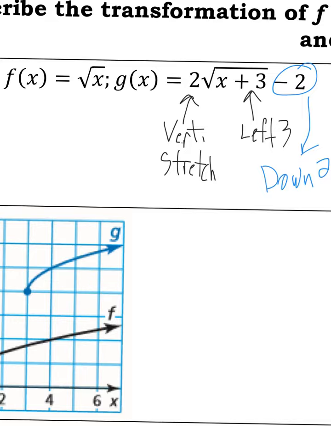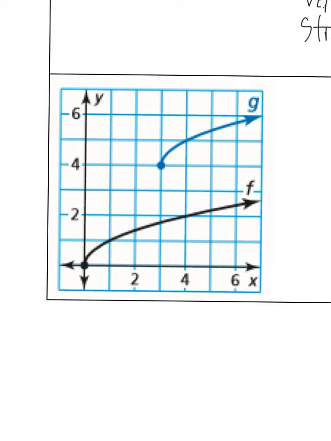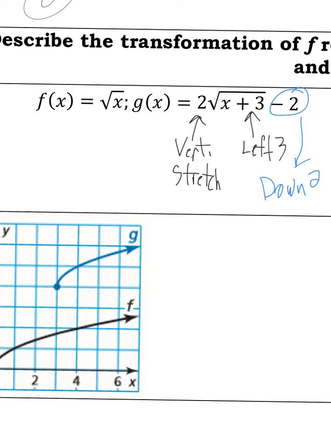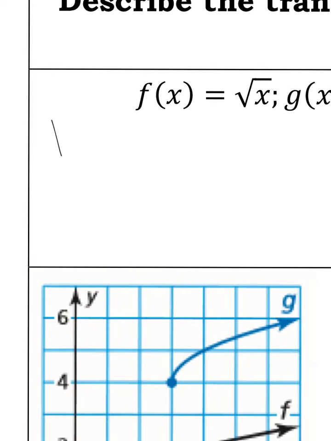Now, where's the domain and range? So look at the square root of x graph. It's going to actually look like this one right here. But it went left 3 and went down 2. So my domain is going to be, if it went left 3, then it went to negative 3.